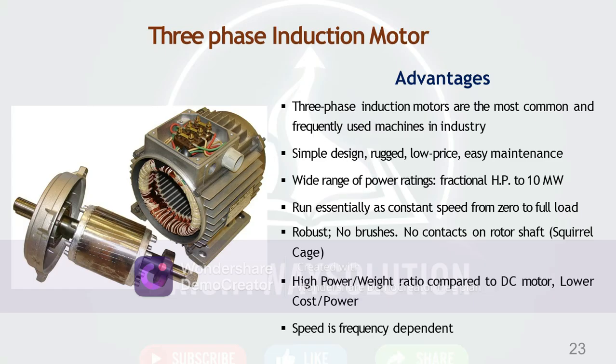It runs essentially at constant speed from zero to full load. No brushes, no contact on the rotor shaft, squirrel cage. High power per weight ratio compared to DC motor, and low cost per power. Speed is frequency dependent.